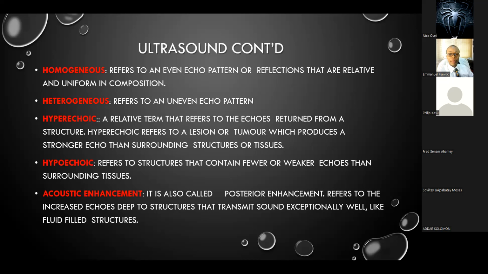Like the liver. If you see a picture of the liver, you realize that it is homogeneous along all of its body. And when it is heterogeneous, then you see that the echogenicity, the darkness or the whiteness that we are talking about, is not uniform across the whole structure.